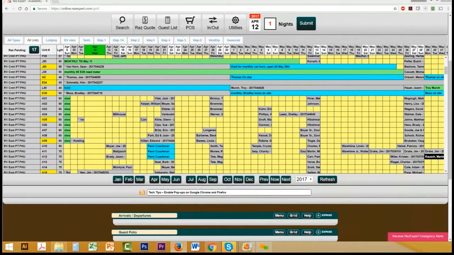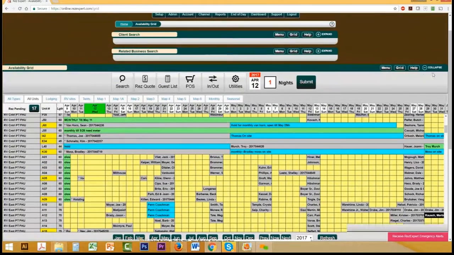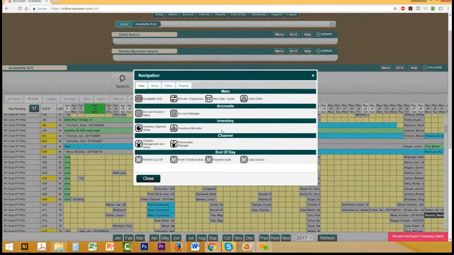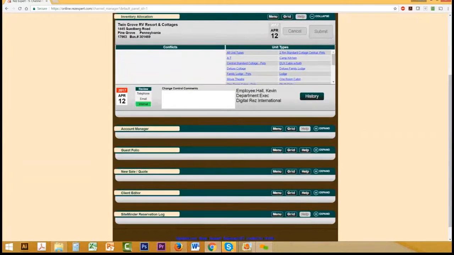One of the things that we do have, I don't think that you utilize it, but I just want to mention it. You know where we went to the inventory allocation? Uh-huh. One of the unique things about the system, and this is something you may think about later on, is third-party travel agents and wholesalers. Right.